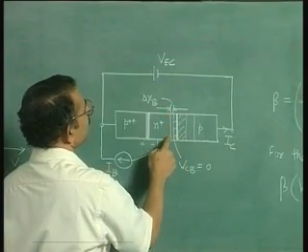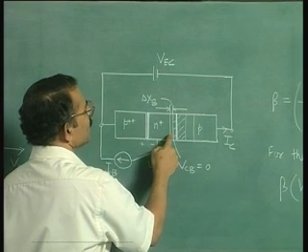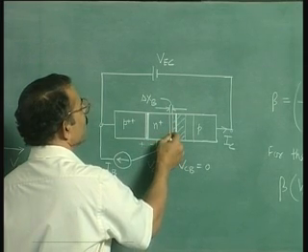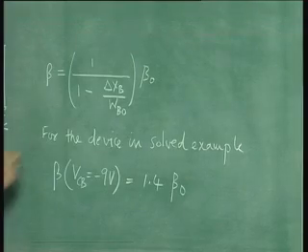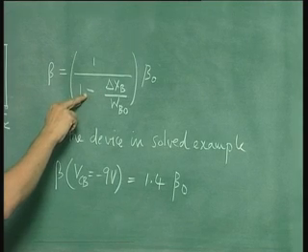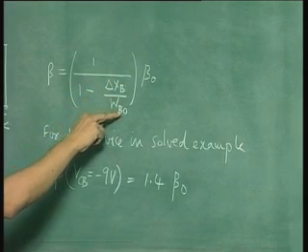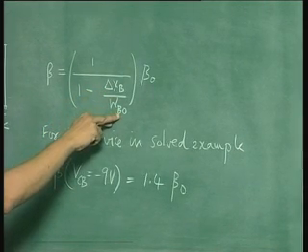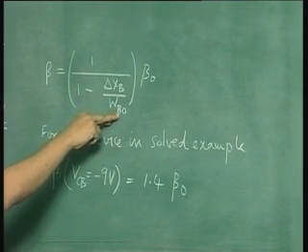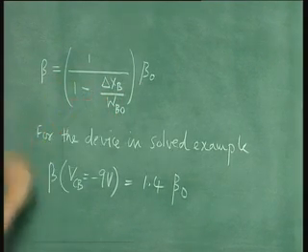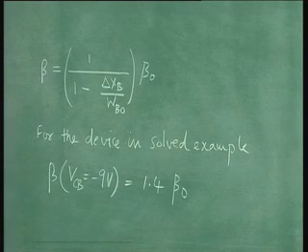This delta XB is also delta WB, because as this depletion region shifts, the base width also gets modulated. So, 1 minus delta XB by WB naught, where WB naught is the base width for collector base voltage equal to 0. Reciprocal of this quantity multiplied by beta naught is the beta for any collector base voltage.